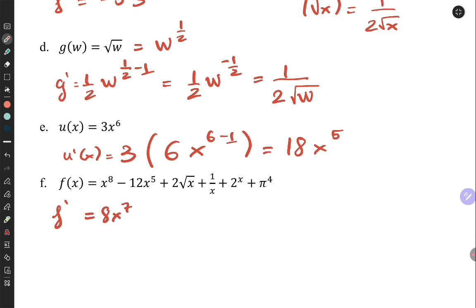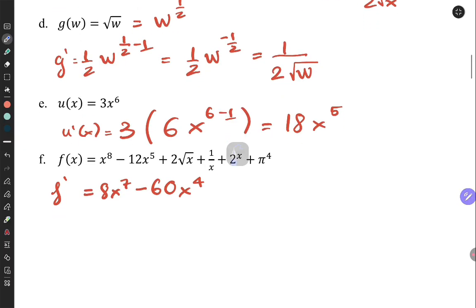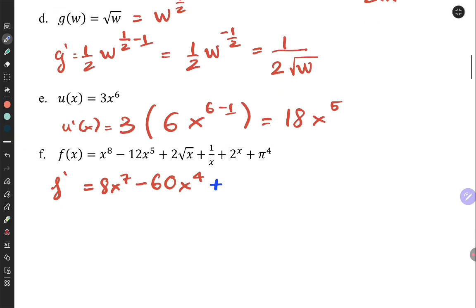Next term. 12 times 5, 60x to the 4. Okay, correct. Next, 4 times x to the negative 1/2.